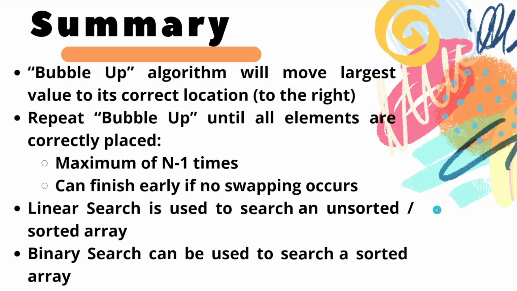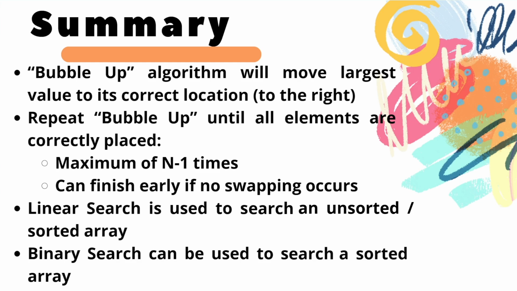To summarize what we have seen so far, we have learnt one of the simplest sorting algorithms, namely bubble sort. If we have to sort n elements in bubble sort, we may have to repeat n minus 1 iterations. At every iteration, one element occupies its correct position in the list, and we call that operation bubbling up, which means we do a pairwise comparison and, if required, a swap.